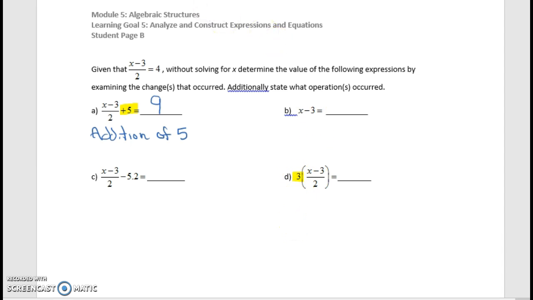So we're going to say that we multiplied by 3, and so if we change this original equation by multiplying by a factor of 3, that means the result would also change by a factor of 3, and our new value for the expression would be 12.